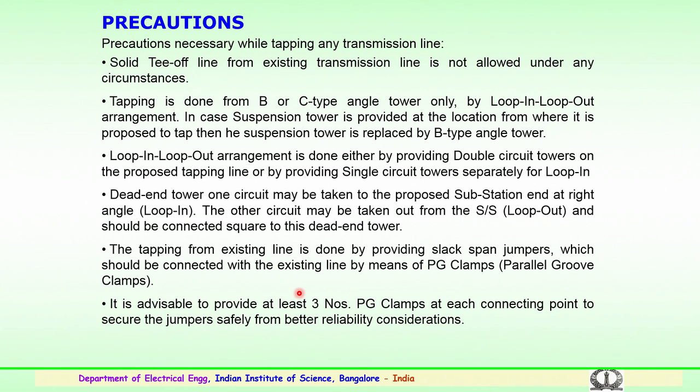These are known as PG clamps by utility engineers, and they have to be employed. It is also advisable to provide at least 3 parallel groove clamps at each connecting point to secure the jumpers safely, for better reliability considerations.